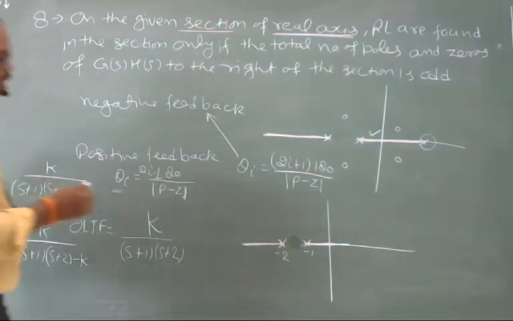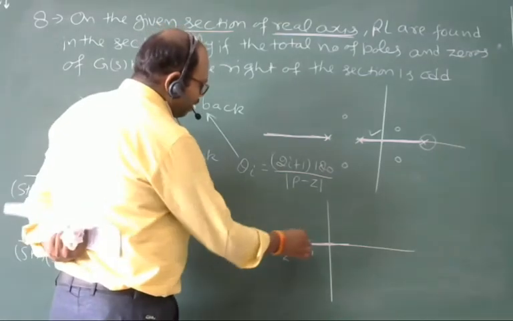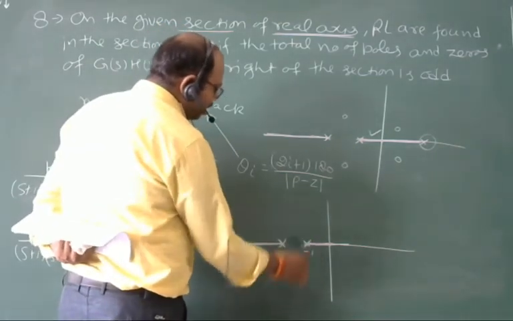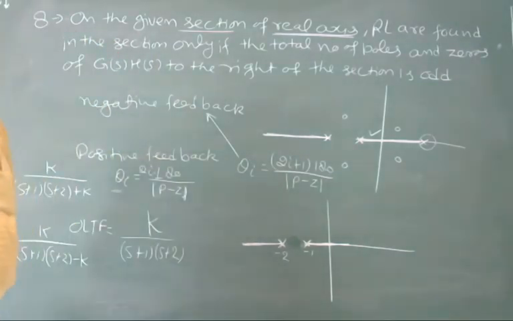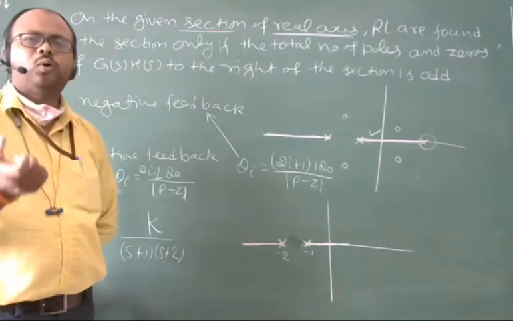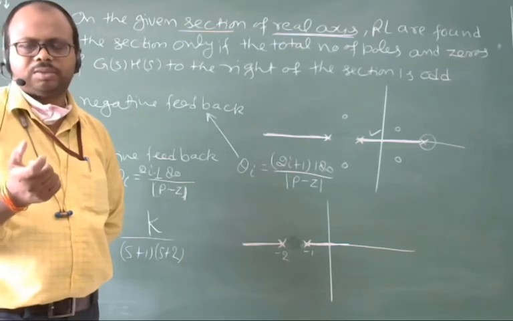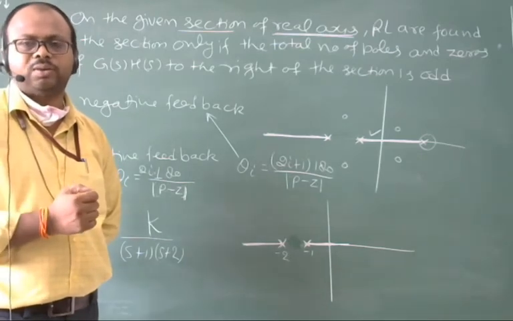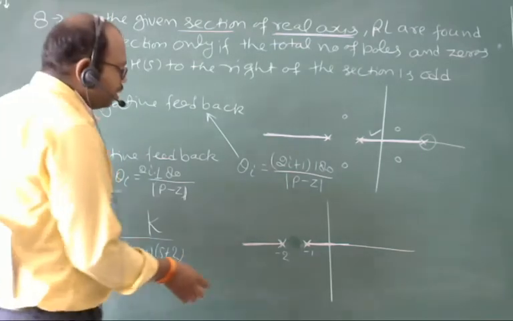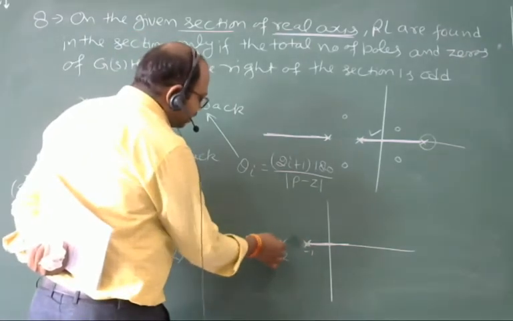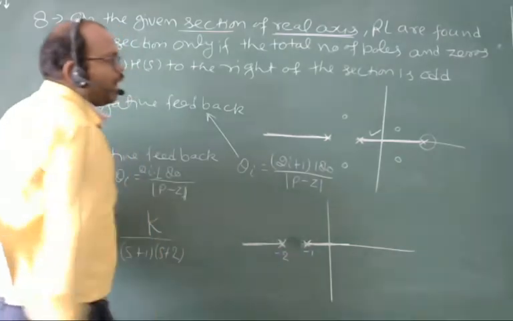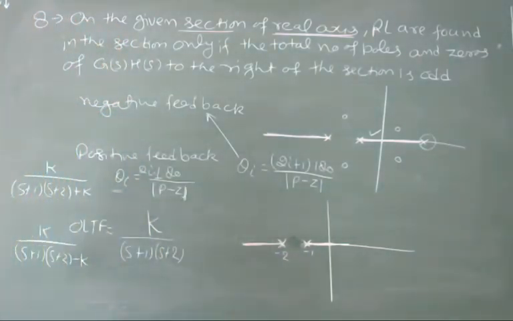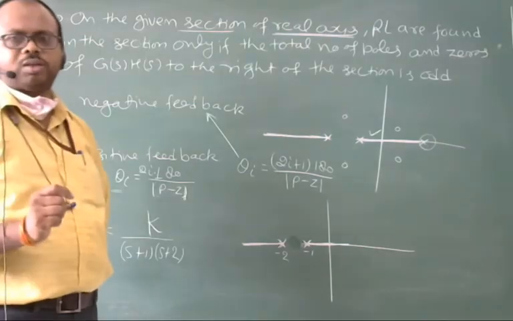For that, look at the root locus. Here, one pole is there and one pole is there. And what should be the section on the real axis for root locus? So if I consider this section, then in the right of this section we have a pole. That is, the number of roots is odd.